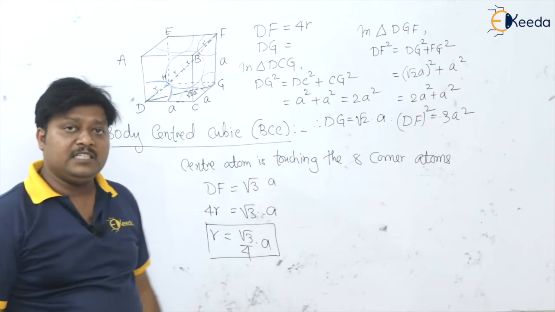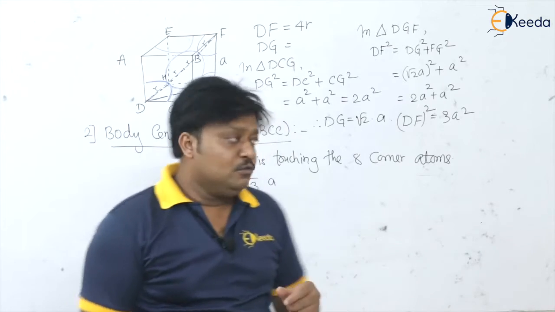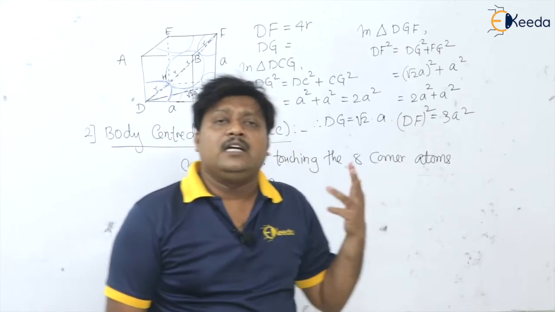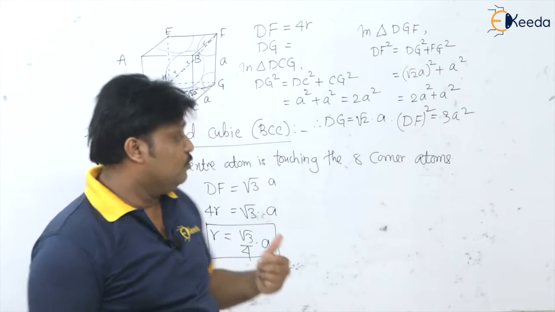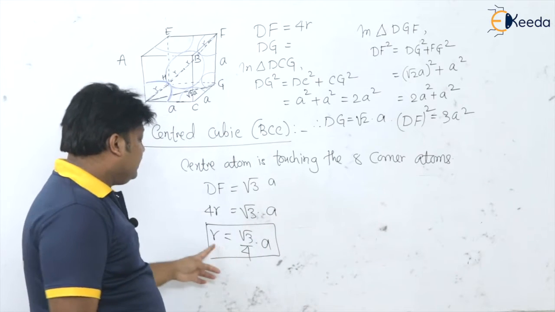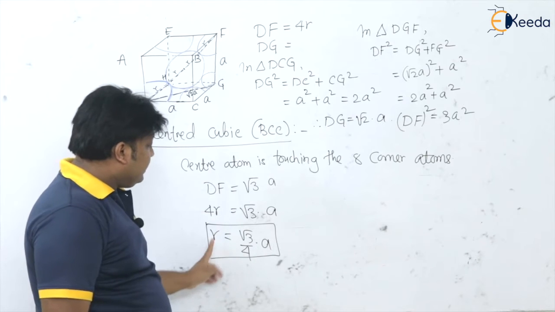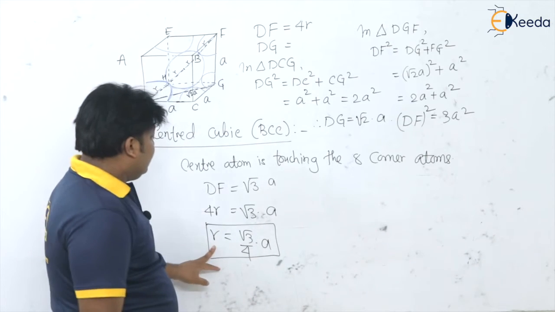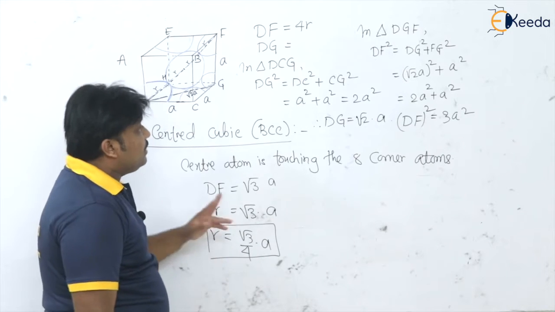Many times in the exam they will give you the structure, that is simple cubic, body centered, then face centered cubic, and they are asking for the relation between R and A. Very important.